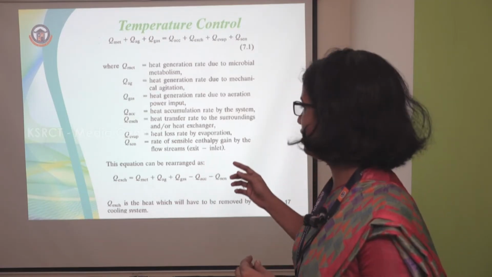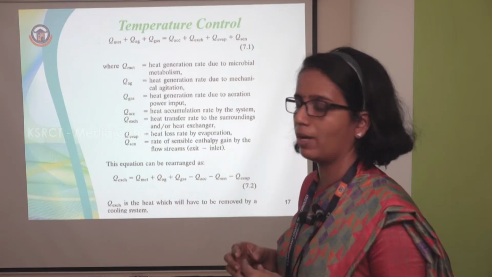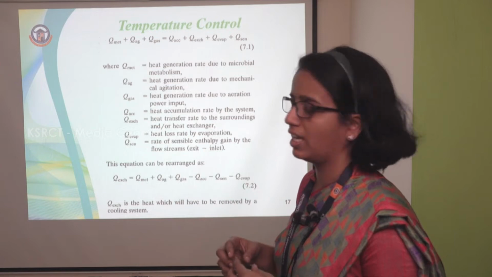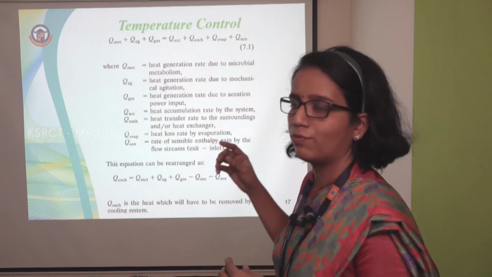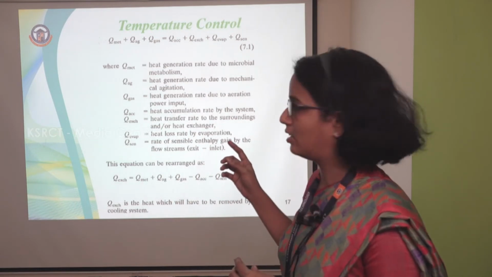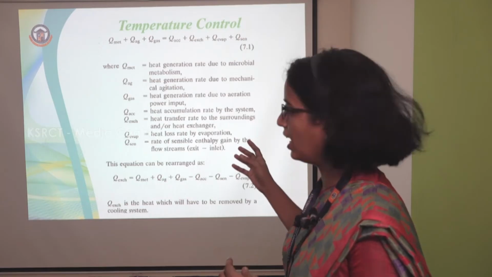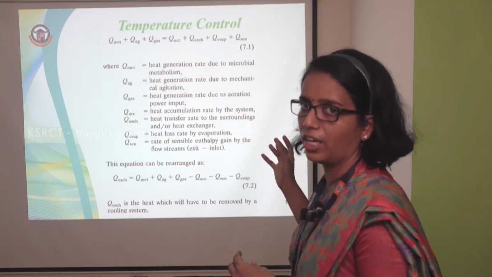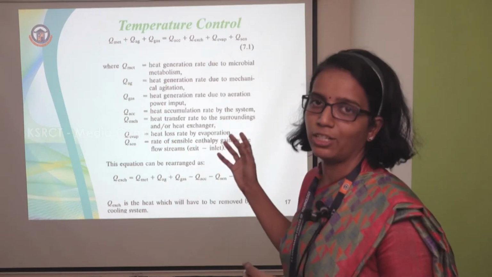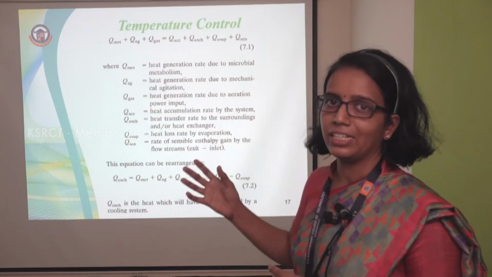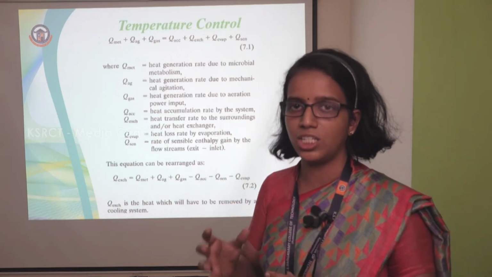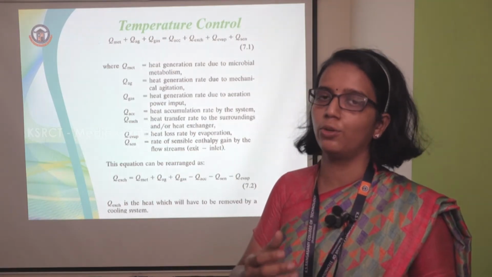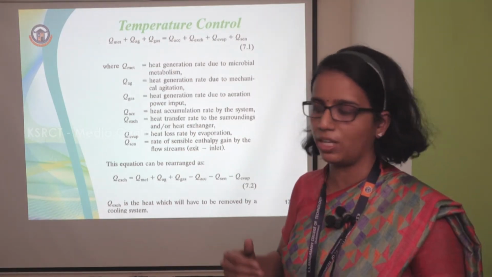It is calculated from Q met, the metabolism of the microorganisms, plus the heat generated due to agitation and the heat generated due to the gas, and it should be reduced by the Q accumulation of heat, followed by the reduction in sensible enthalpy, and then the reduction in the heat rate of evaporation. This heat exchange, Q exchange, is essential to construct a cooling system that will help you estimate the heat that needs to be reduced.